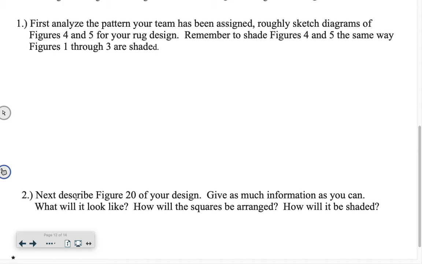Shade it appropriately. What one were we? So which are you doing now?